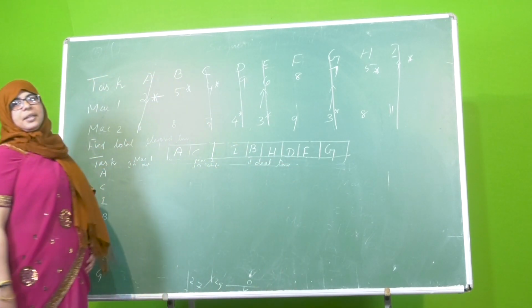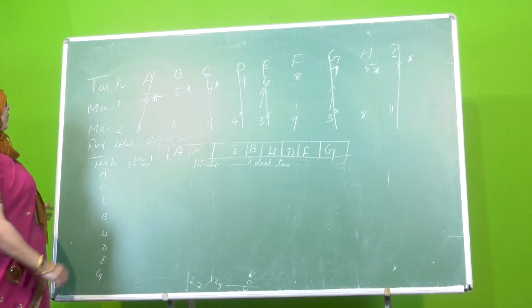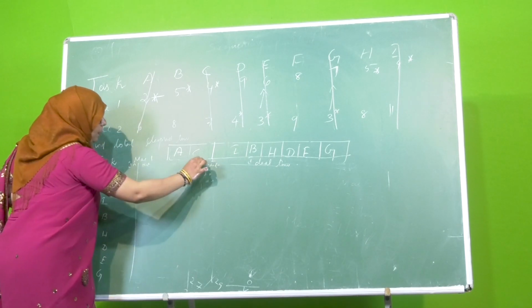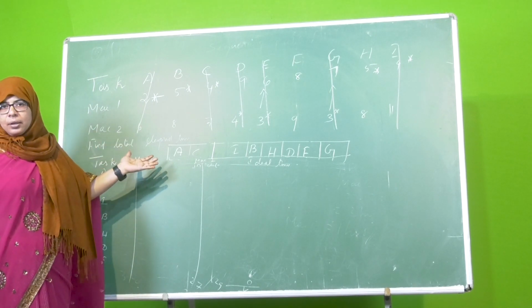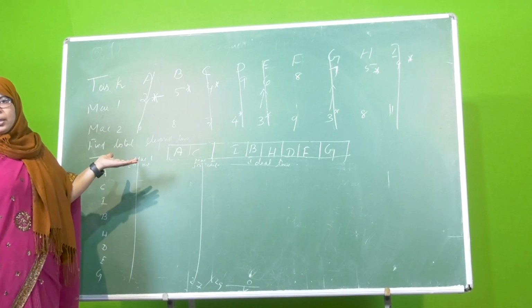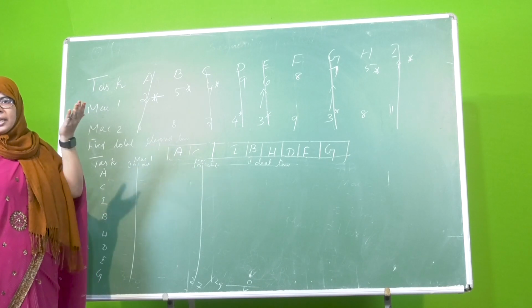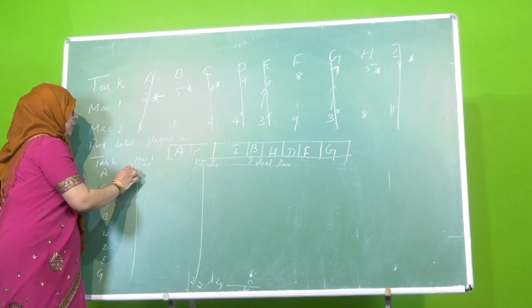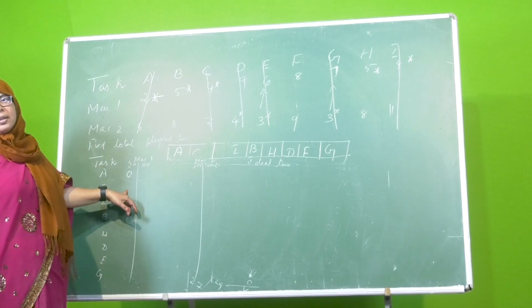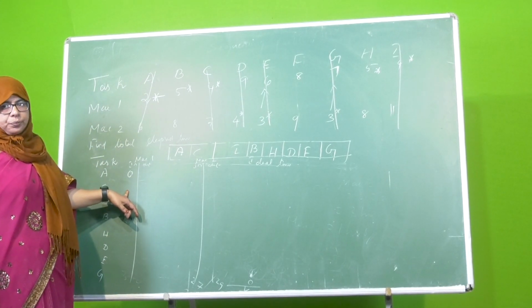That is the idle time. So, what I told in the previous problem, what is the input value for machine 1? Before we are going to start the work, the initial time is 0. So, the initial value is 0.